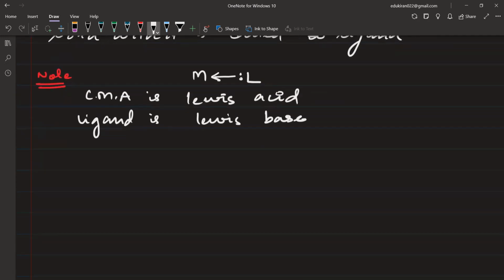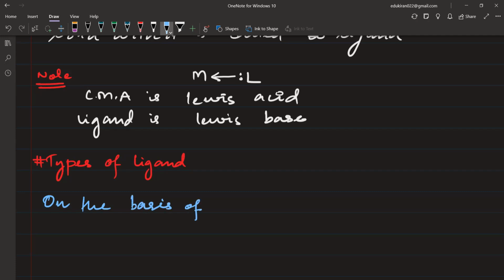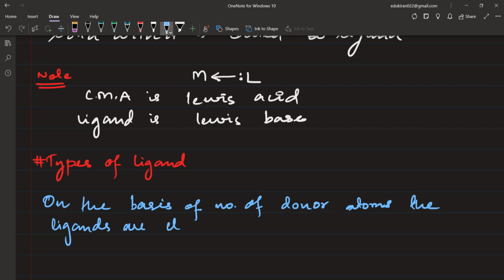And right next, types of ligand. On the basis of number of donor atoms, the ligands are classified as number one, monodentate.